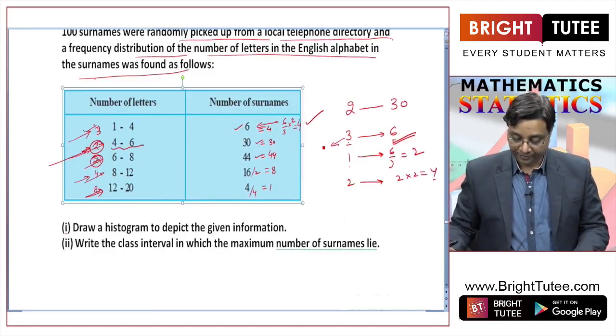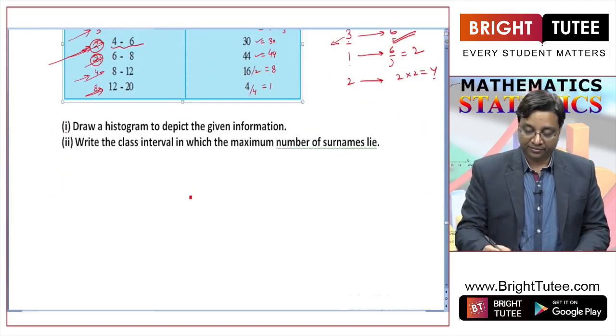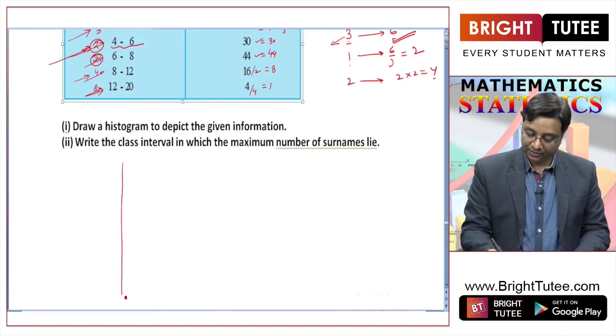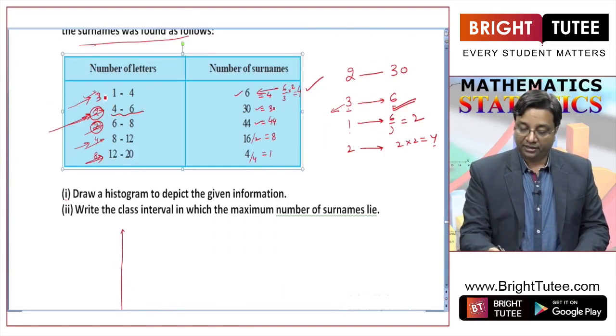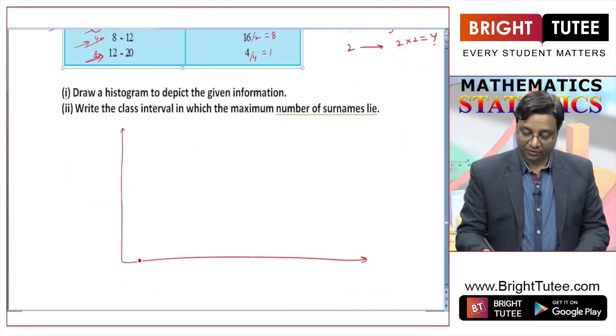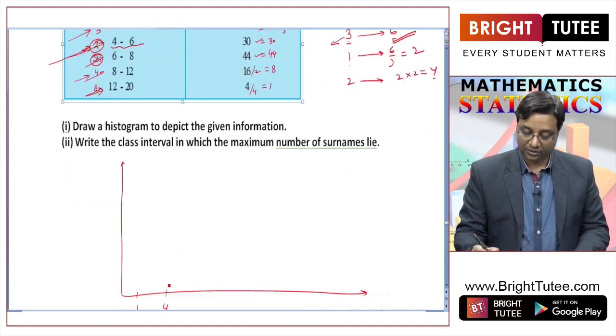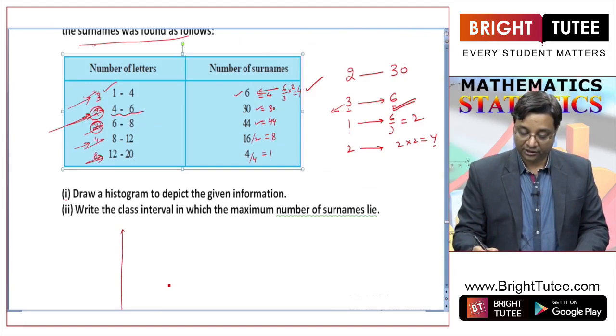Okay, now I need to draw a histogram. For the histogram, I'll have these classes here, 1 to 4, and then 4 to 6.